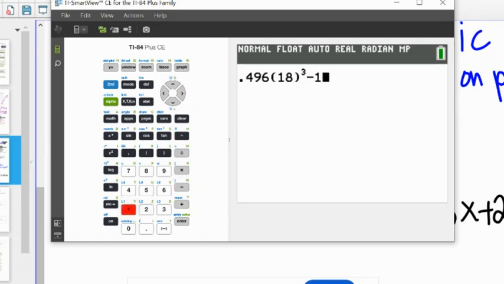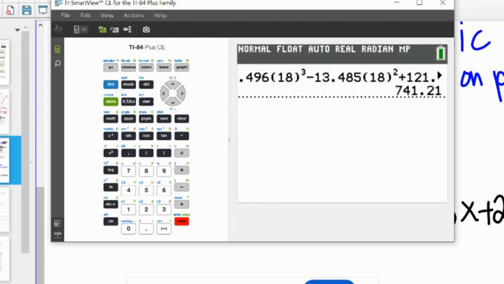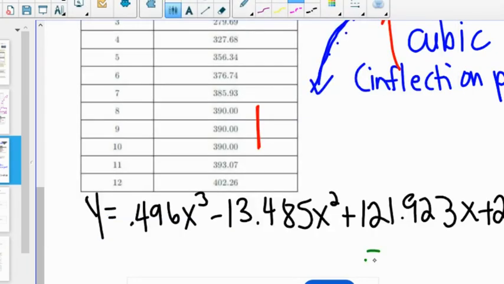We subtract then 13.485 x squared, and then plus 121.923 times 18. And then last but not least, plus 23.064. And we get that estimated value about 741.21 would be what our estimate is for that last part.